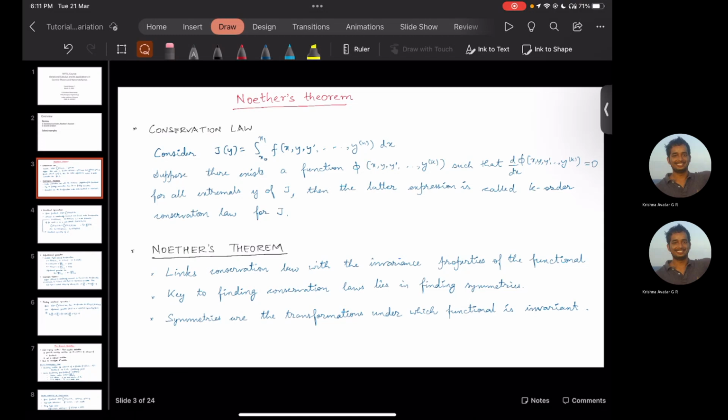The crux of finding conservation laws always lies with finding the symmetries in the functional. These symmetries are what we call transformations. What we do is make transformations to the arguments of the integrand of the functional, and for the transformations under which the functional is invariant, those transformations are what we call the variational symmetries.